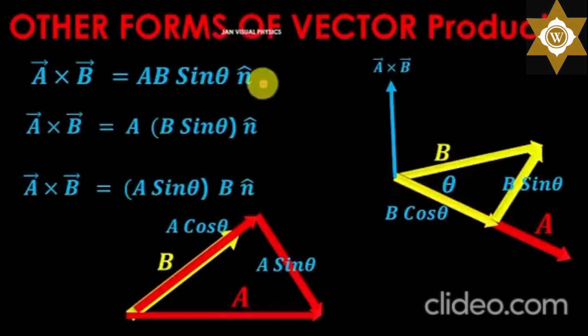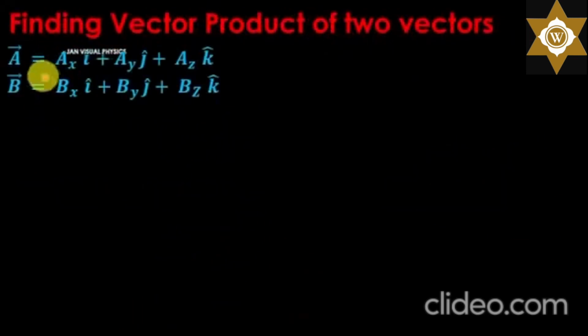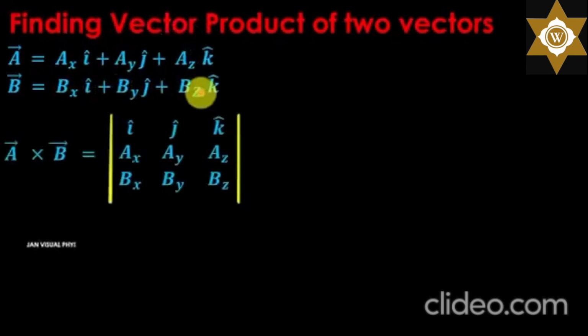When we are given two vectors in magnitude form, we can use these relations. But if we are given two vectors in component form, like a is equal to ax i plus ay j plus az k and b is equal to bx i plus by j plus bz k, then the cross product of these two vectors can be obtained by expanding this determinant.